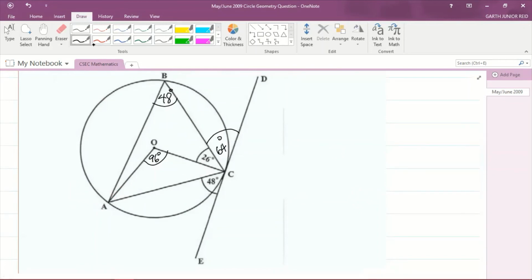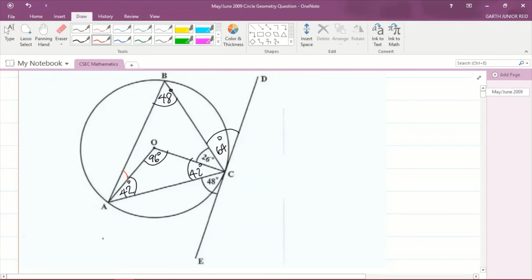So we know that those two angles that we just erased are 42 degrees. So that's 42 degrees, this is 42 degrees. Great. And they have now asked us to calculate the angle OAB. So they're talking about this angle here.